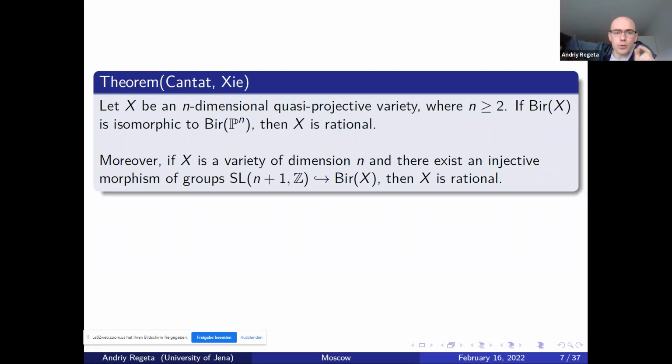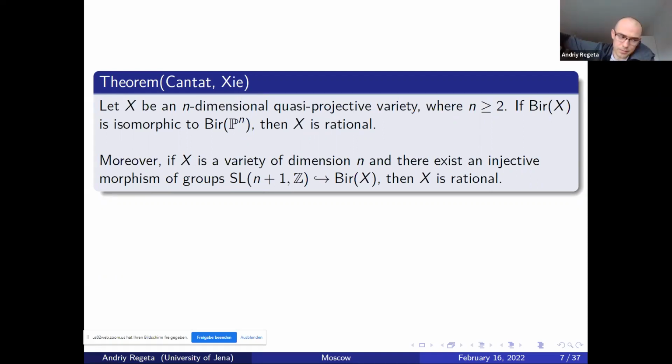Anyhow, what Cantat and Xie proved is the statement for any Gamma which is a finite index subgroup in SL(n+1, Z). So this covers also your question. No, the question is, how do you, in the rational case, embed the group SL(n+1, Z) into the Cremona group?